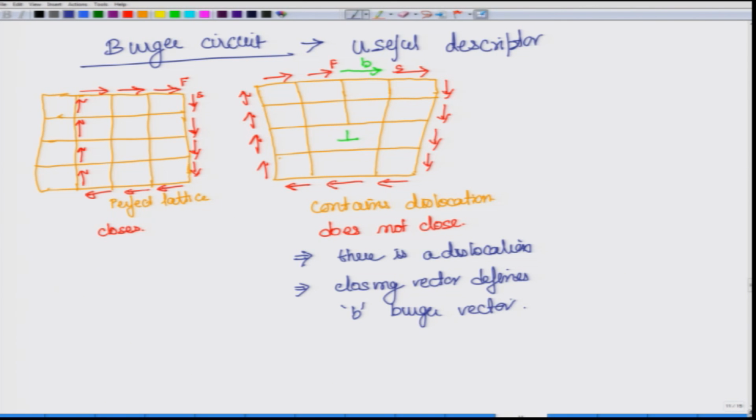Now, this methodology tells us two things. One, that there is a dislocation, and it also tells you what is the vector associated with it. This vector is what describes the slip in the system. Now, what you will realize is that a lot here depends on what kind of assumptions we are making, or what is the protocol that we have adopted.